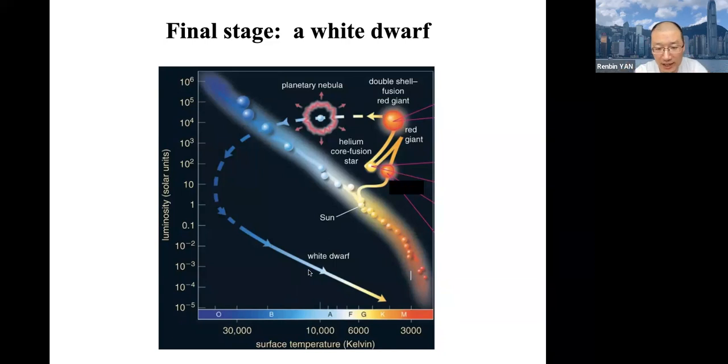Basically, the carbon core that is supported by electron degeneracy pressure is a white dwarf star. A white dwarf is a kind of star that is not making its luminosity through any fusion reactions. They're only bright because they were hot, because it takes a long time for them to cool down.